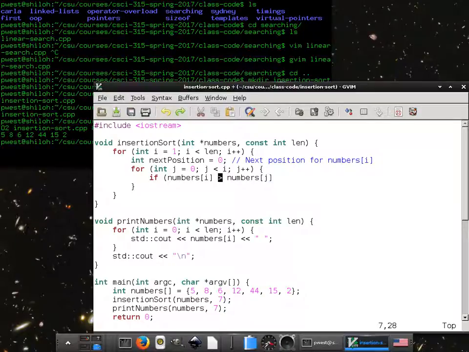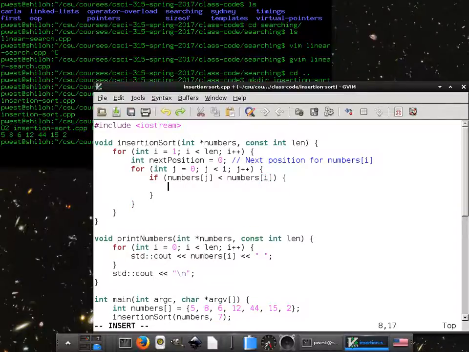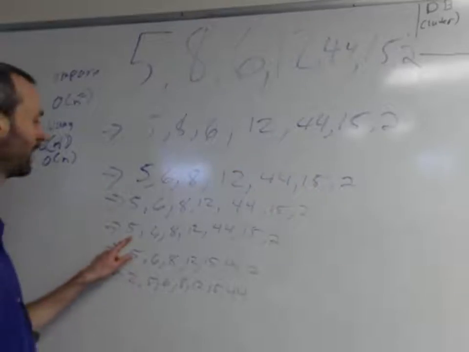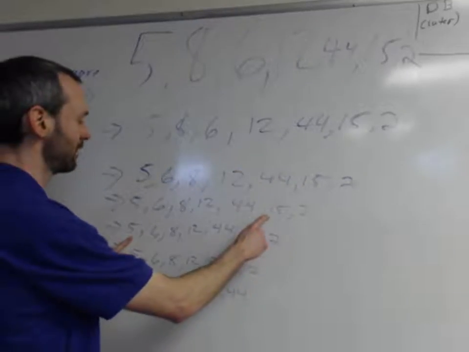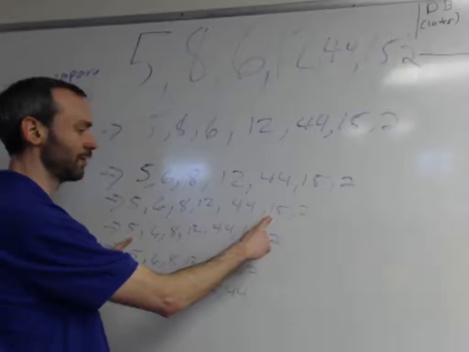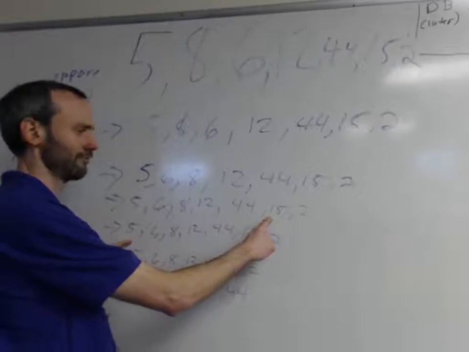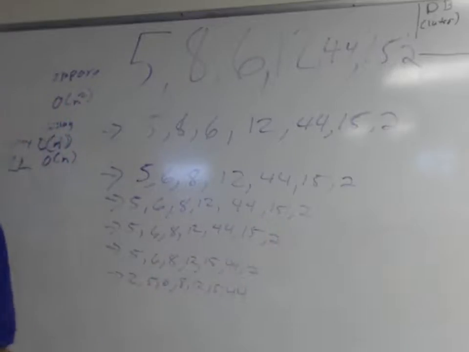Actually, no, let's leave it this way. In other words, if number sub j, aka the 5, is less than the 15, what do we need to do? Got the 15 in front of it? No. After. Sorry. After. So we need to increment next position.